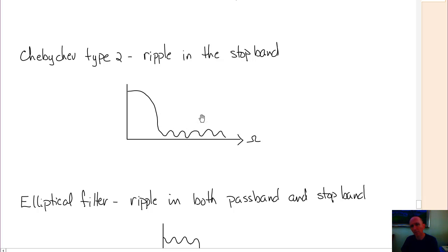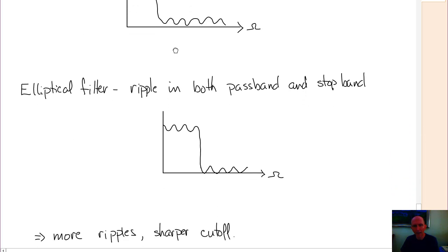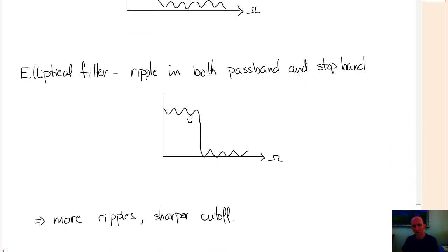If we don't mind the ripple, great, we can use this type of filter. If we don't want ripple, then we'd have to use something like a Butterworth. And then finally, the elliptical filter is the one that cuts off the fastest, but it has ripple in both the passband and the stopband. So there's a trade-off here between ripples and cutoff. The more ripples, the sharper the cutoff.